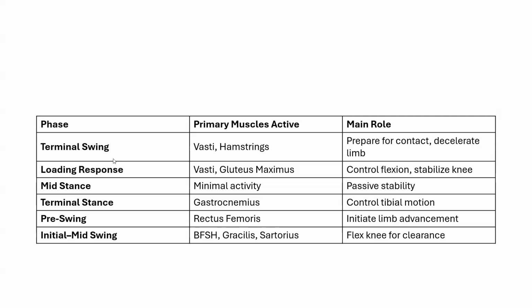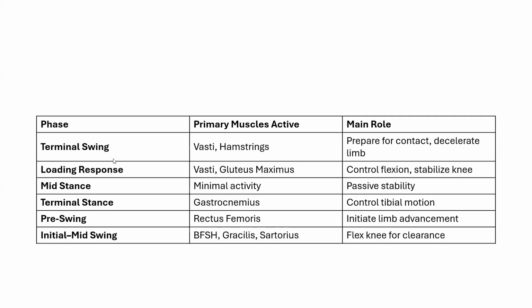They control flexion and stabilize the knee. In mid stance, there is minimal activity and passive stability is achieved. In terminal stance, the gastrocnemius acts and controlled tibial motion is achieved. In pre-swing, the rectus femoris initiates limb advancement. And in mid-swing, the short head of biceps femoris causes flexion of the knee for clearance.